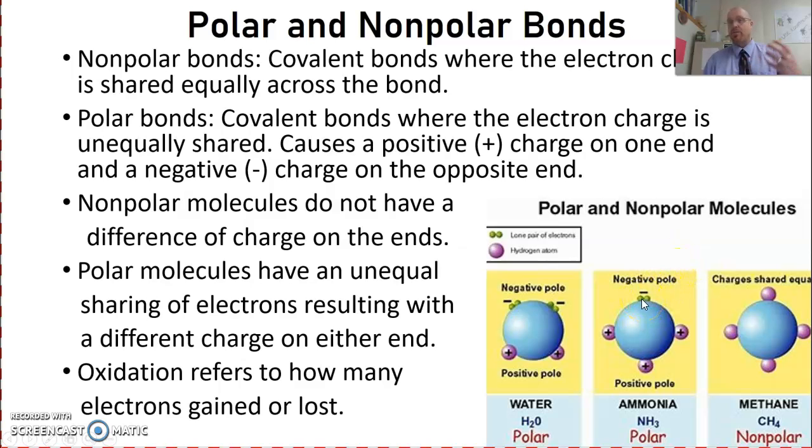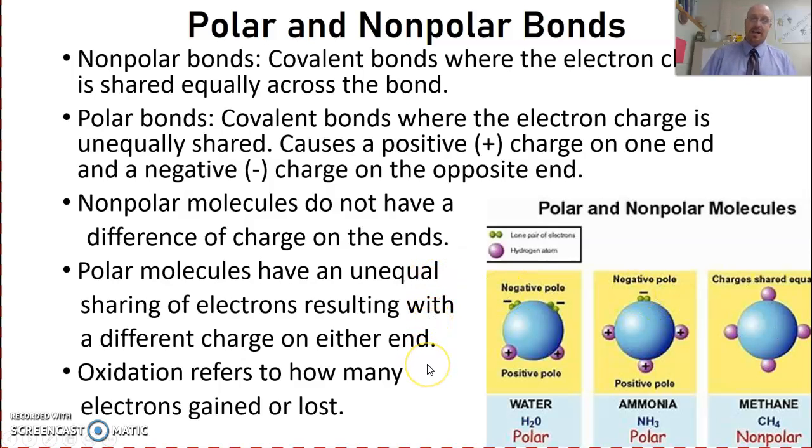Wherever there is a pair of lone electrons on a molecule, there typically will be a polar charge, a negative side, and then obviously a positive side on the other side. And also here in the corner we have methane, which is CH4, and it's nonpolar because you can see the hydrogen atoms are split equally around the carbon atom, and so there is no charge. That's why it's called nonpolar.